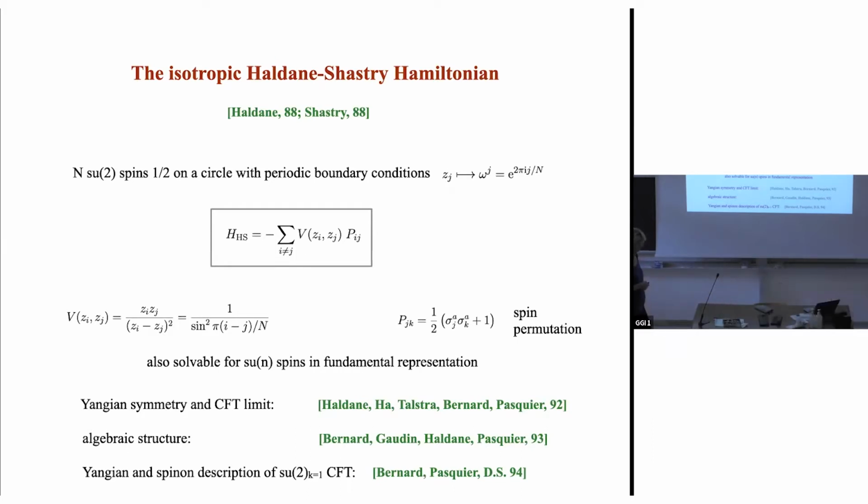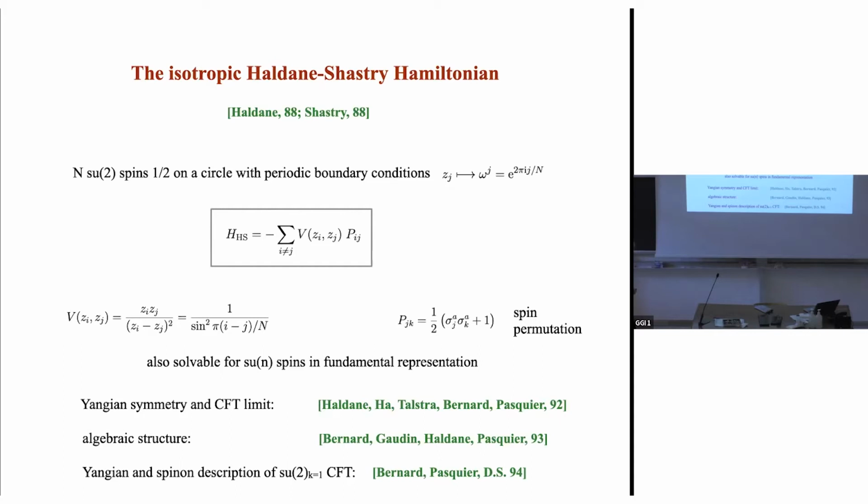So the Yangian symmetry and how it carries over at the CFT limit. The CFT limit is when you are looking around the antiferromagnetic state of this Hamiltonian. Well, here the sign is such that the Hamiltonian is ferromagnetic, but of course you can change the sign of the Hamiltonian to look at the excitations around the antiferromagnetic limit.